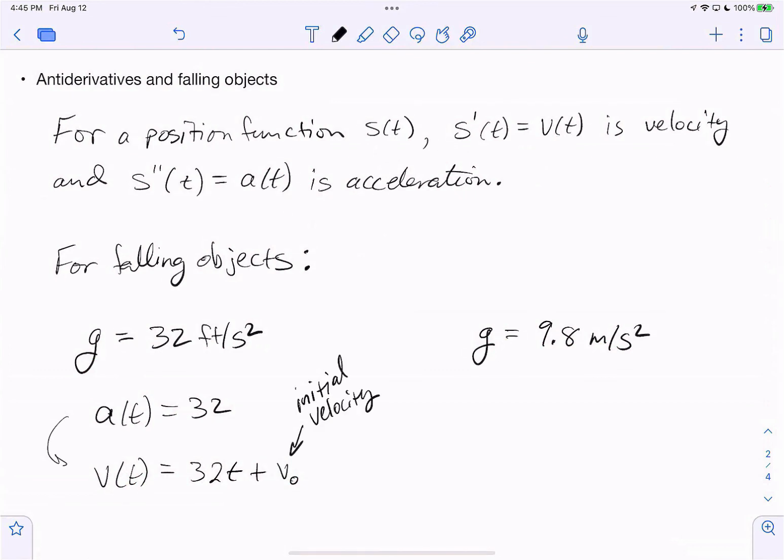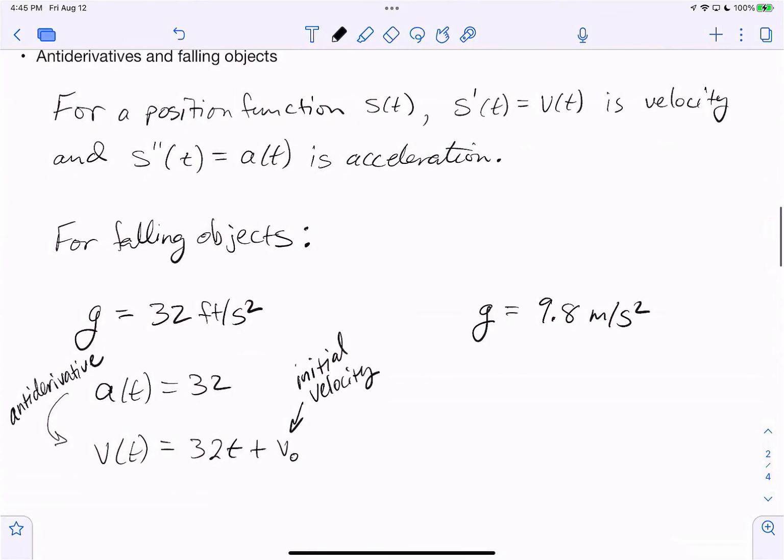The way we got from a to v was anti-differentiation. And then for the position function, s of t, we're going to use the power rule. So we're going to add 1 to the exponent and divide by the new exponent to reverse what we would do for differentiation. 16t squared plus v naught t plus s sub 0, where s sub 0 is the initial height.